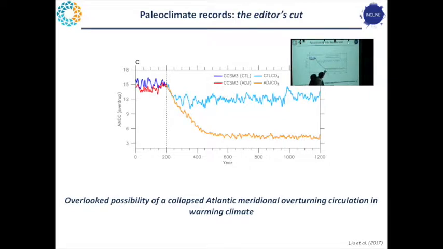So they corrected CCSM3 for a certain bias, and compared to a control run where there was no fixing of this bias, there is a major decrease within the next 300, 400 years, basically going to very small values, meaning a possible collapse of the AMOC.